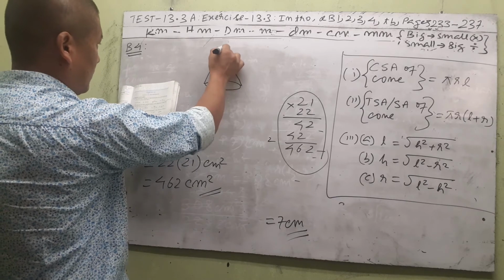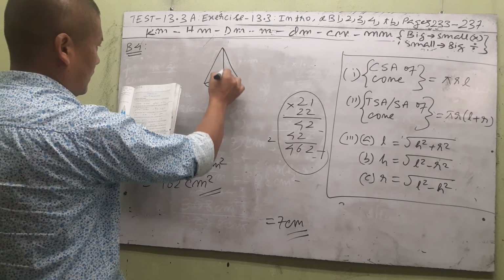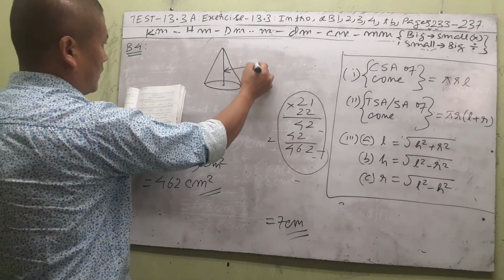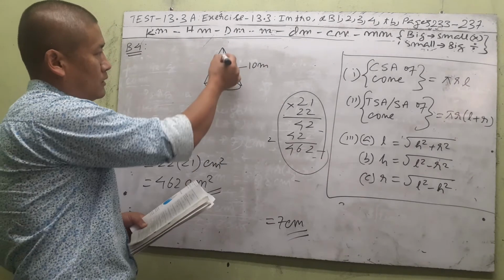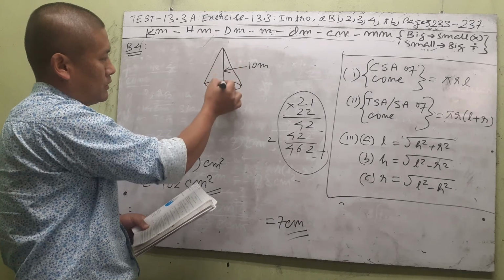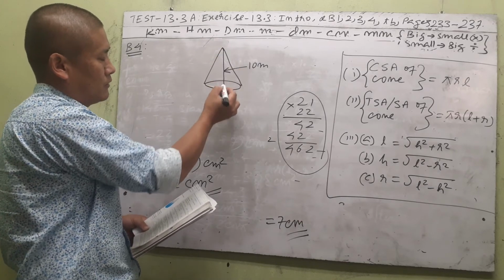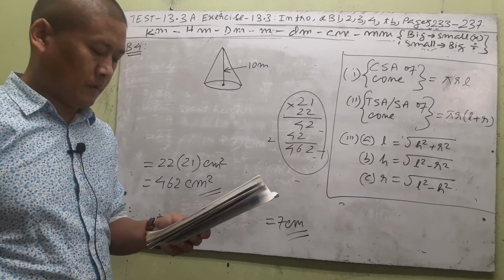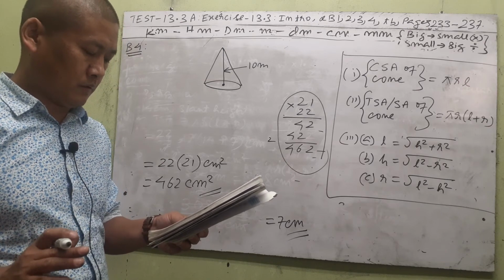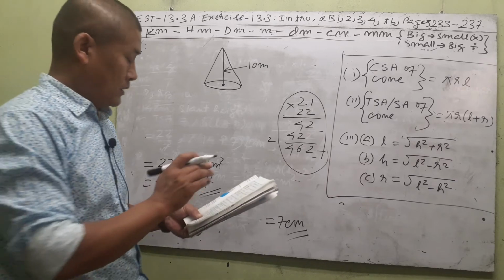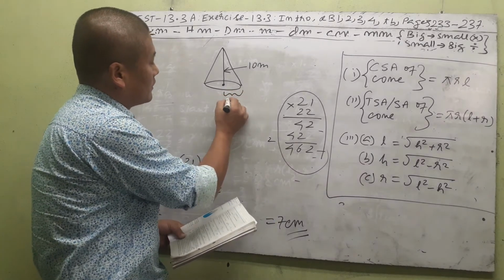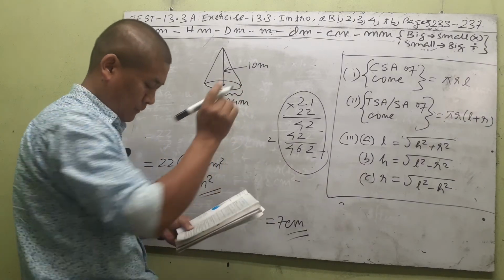Meter high means the vertical height. If they say height, that means the vertical height. Unless they say slant height, height is always this one line joining the vertex to the center of the circular base. Height is 10 and radius of the base is 24. So from here to here, radius is 24 meter.